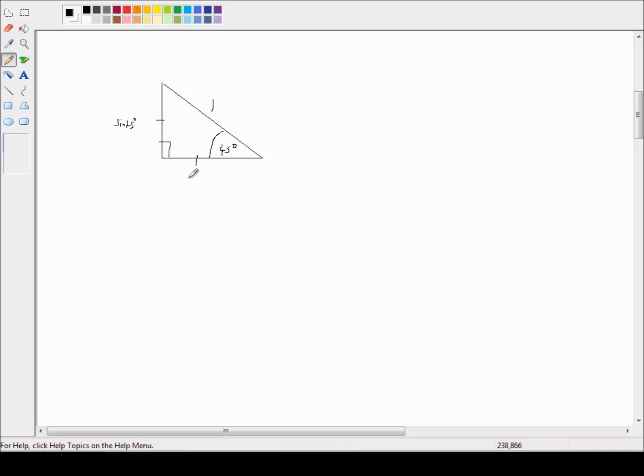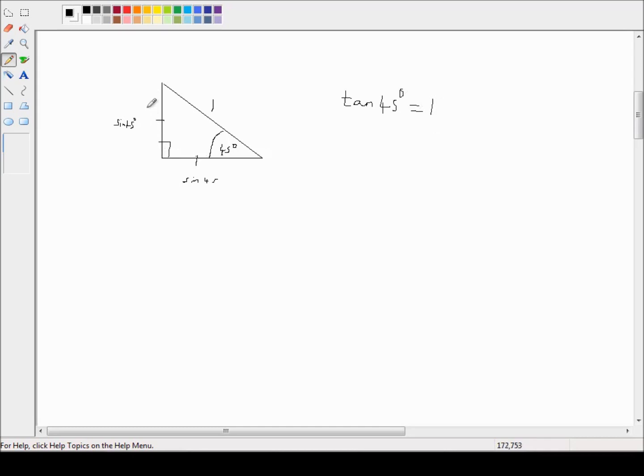So this must also be sine 45 degrees. It could also be cos 45 degrees, which means that the tangent of 45 degrees must be 1, because opposite over adjacent is tan theta. So it's good to note that the tan of 45 degrees is always 1.